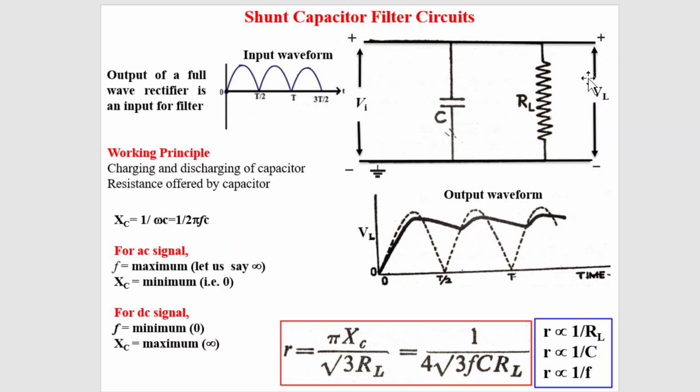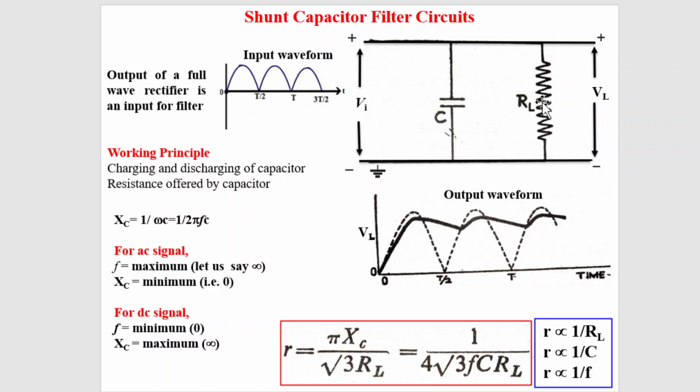It means that in order to get minimum variation from a shunt capacitor filter circuit, we have to use a very large value of capacitance and a large value of load resistance. Then we can get minimum ripple factor from a shunt capacitor filter circuit.